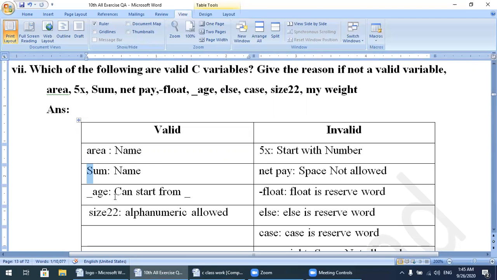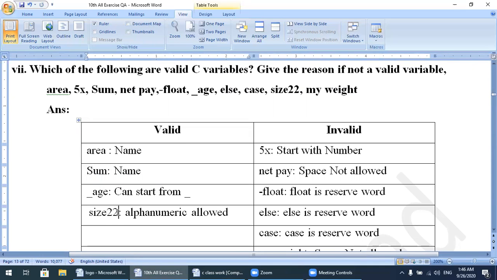Underscore age: you can use the special character underscore in your variable name, either in the middle or at the front. At the front you can use two things: an alphabet, and also an underscore. That's why a variable can also start with an underscore.